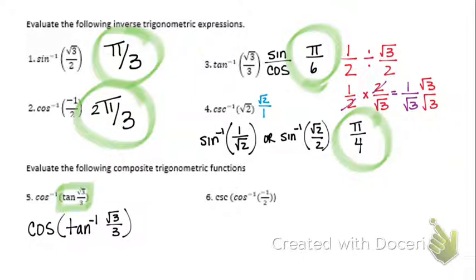Okay, so the inverse tangent of root 3 over 3 is pi over 6.